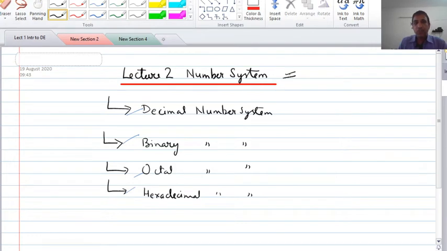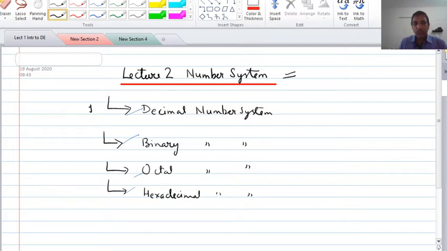Now, a number can be represented in many ways, and depending on the language, it may vary from one language to the other. However, in digital electronics, you have to study four basic number systems.